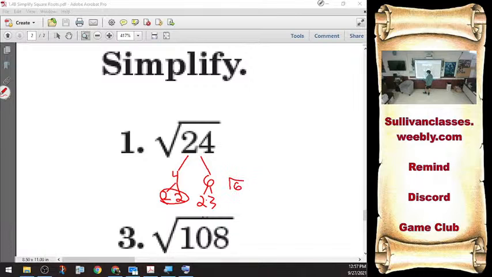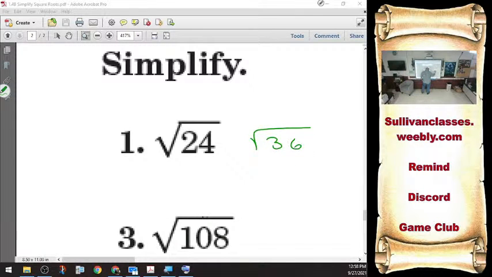Okay, but who came outside? Oh, you got the pair of 2s there. So you cross out the pair of 2s, and one of the 2s gets outside. So it's 2 on the outside, 6 is still on the inside. There you go. Now, out of curiosity here, what you had would have been square root of 36 if you had broken that up into 4 by 9, 2, 2, 3, 3, like that.